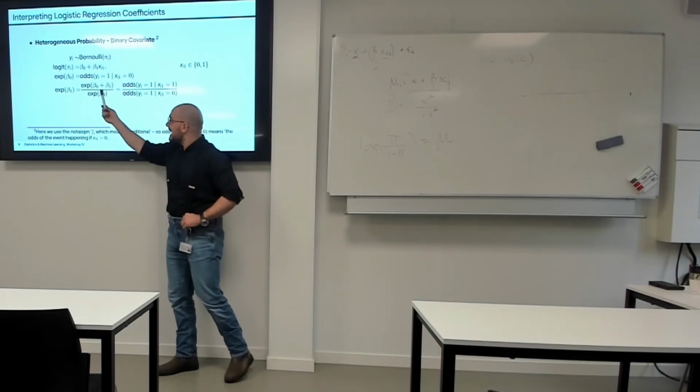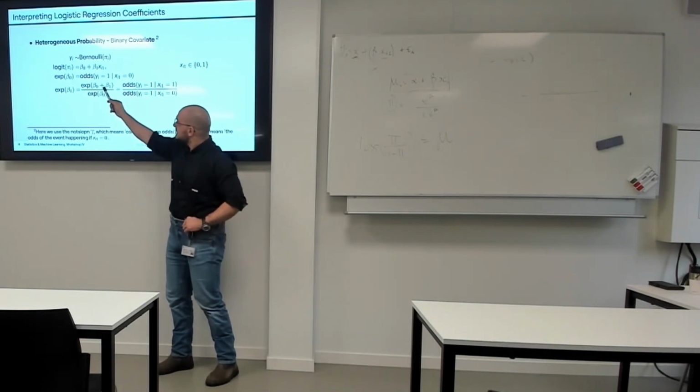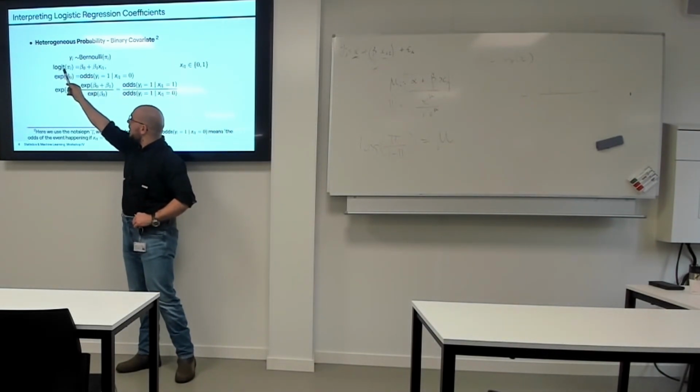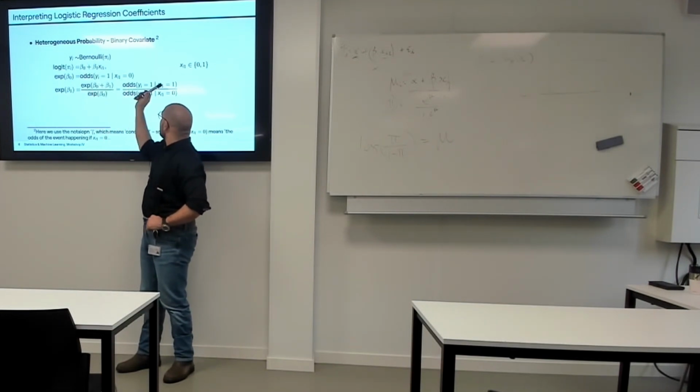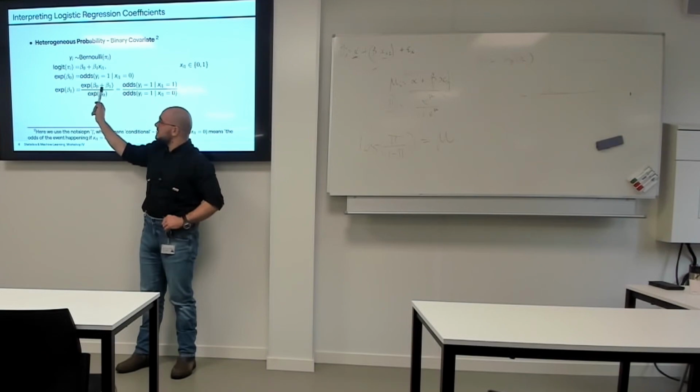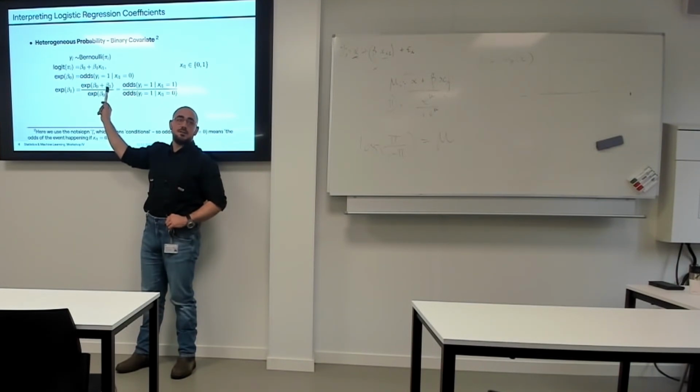And the way you can see that is, if you look at the odds of y equals 1 when x is equal to 0, I look back at my log odds. When x is equal to 1 and I take the exponential, I have beta 0 plus beta 1. Can you see that? Who's not with it?